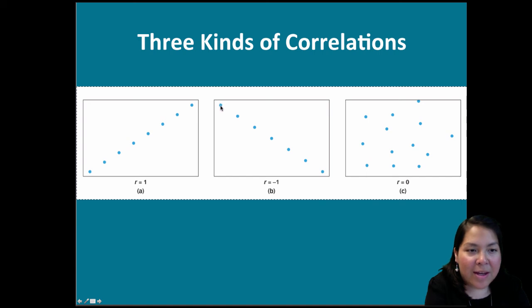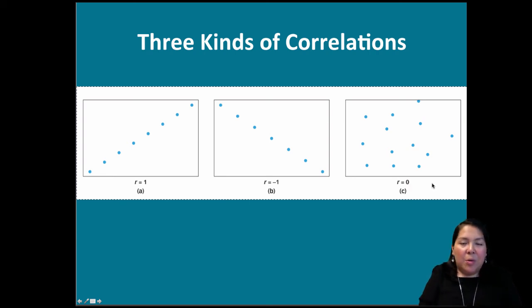So as one increases, the other decreases, or both decrease. And so r equals -1 is again a perfect negative correlation. And then the third is r equals 0, where 0 means there's no correlation between the two variables and it's just scattered. So they're not related, they're not linked, they're not associated.